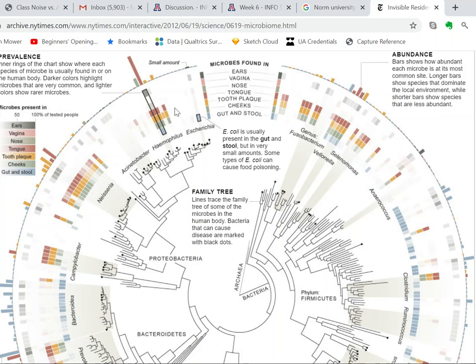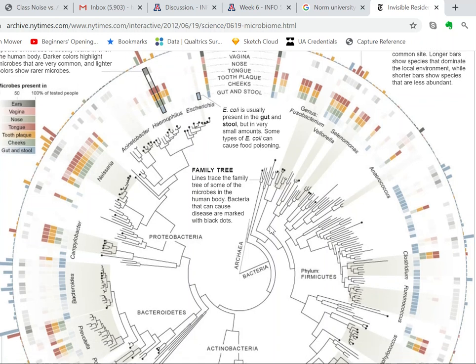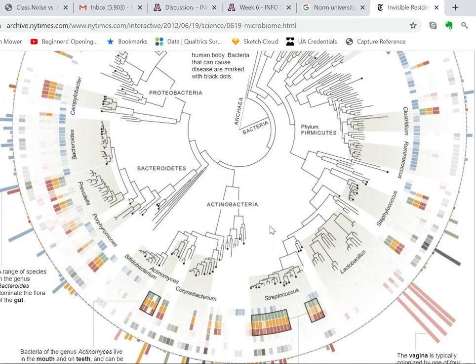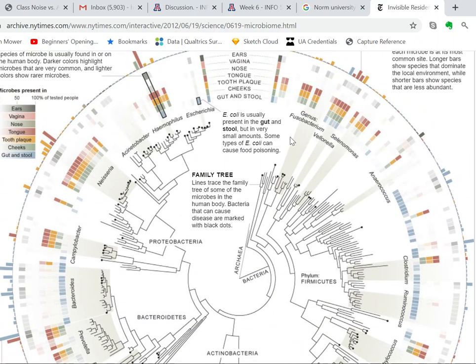Some bars are higher and some are lower. So you can see this presents an objective view of the data in a visual way, where you can see fairly clearly and quite intuitively which branches, the microbes in which branches, are found at which places.